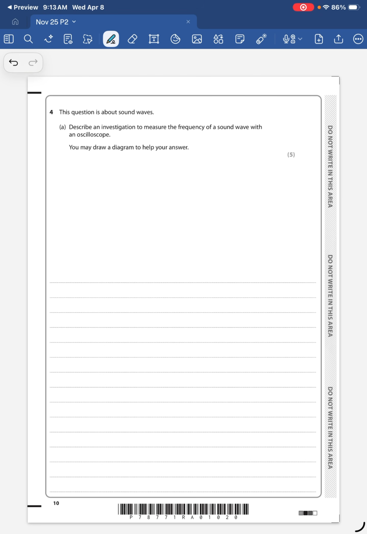Question 4. This question is about sound waves. Question A. Describe an investigation to measure the frequency of a sound wave with an oscilloscope. You may draw a diagram to help your answer. I'm going to run out of space, so let's start writing from up there.